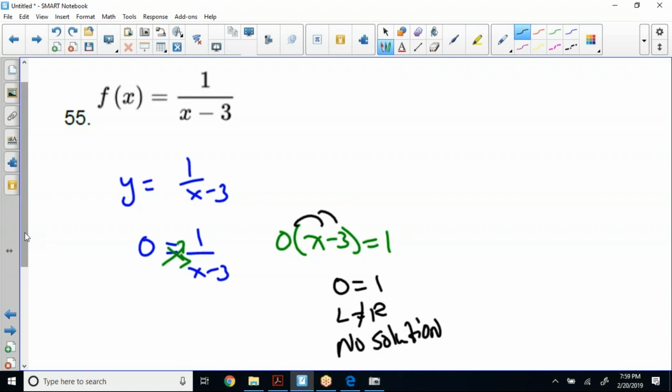Now, domain. Well, we know that the denominator contains a variable, right? So we got to find out what its restrictions are. So x can't be equal to 3, right?